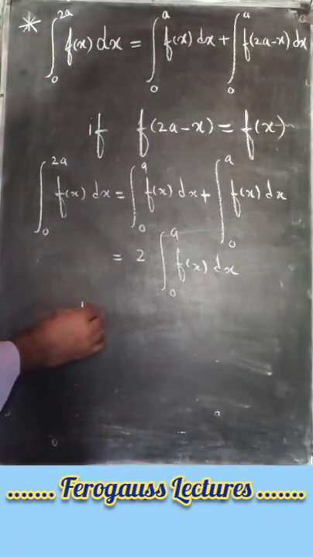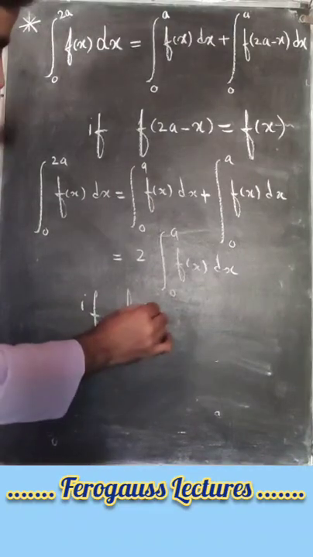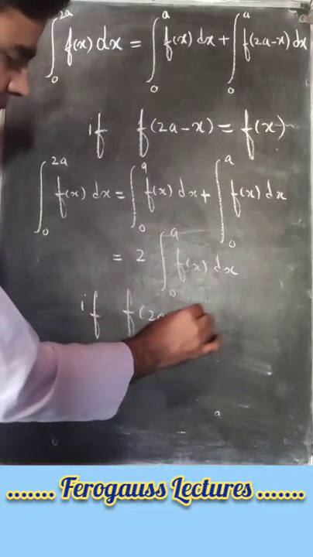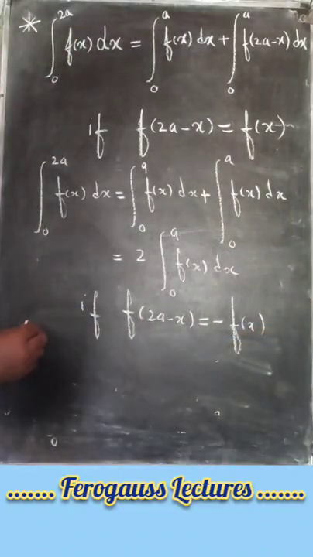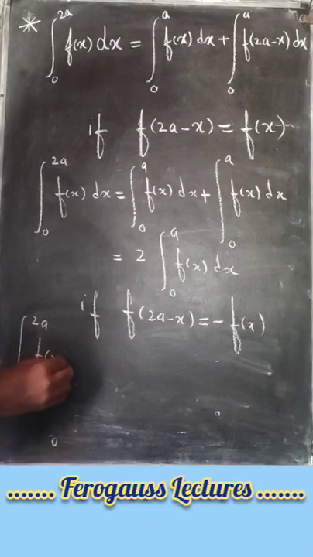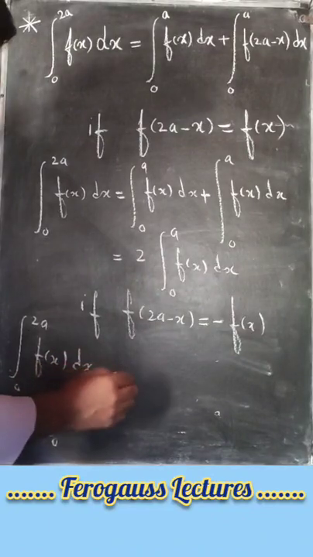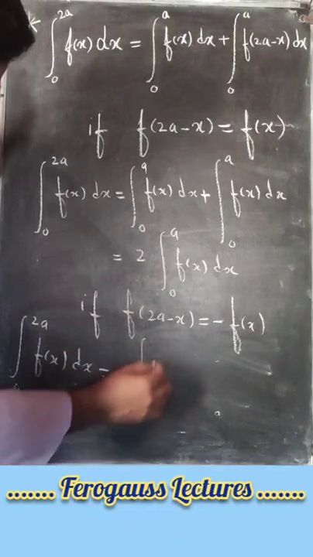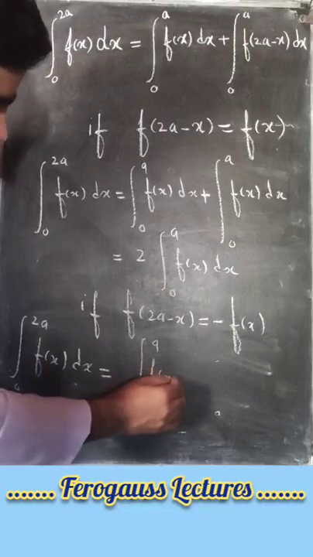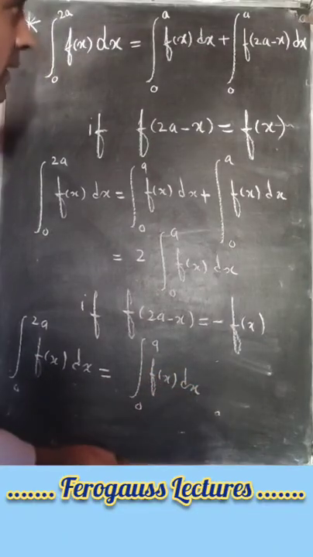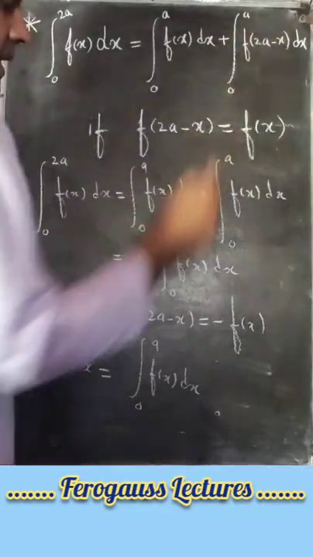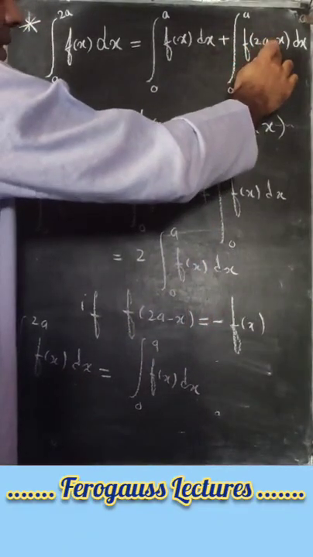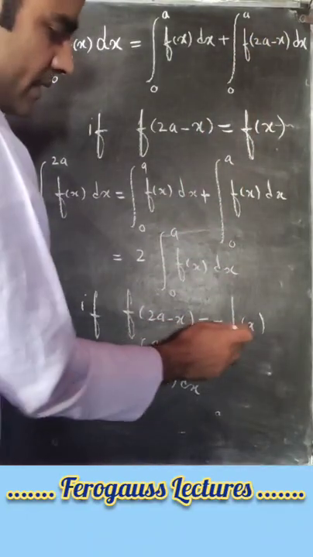Also, if f of 2a minus x is equal to minus f of x, then integral 0 to 2a of f(x) dx is equal to 0 to a of f(x) dx. Then we have plus 0 to a of f of 2a minus x dx, but instead of f of 2a minus x, we have to write minus times f of x.